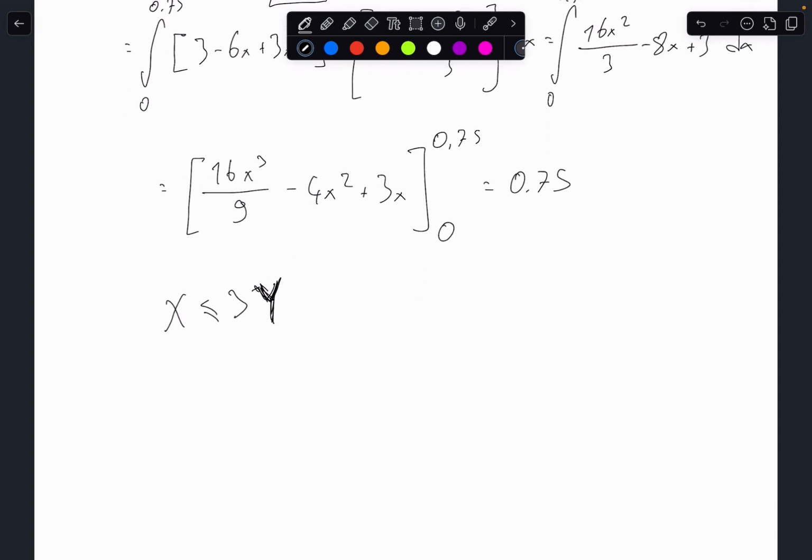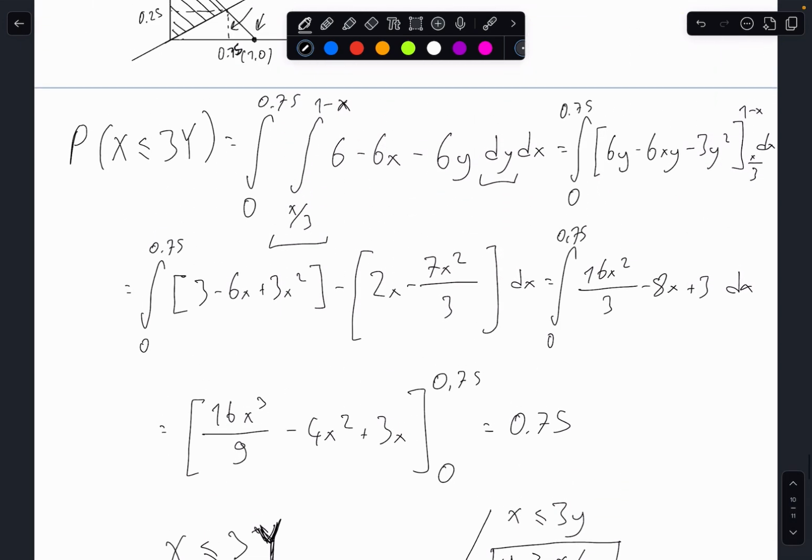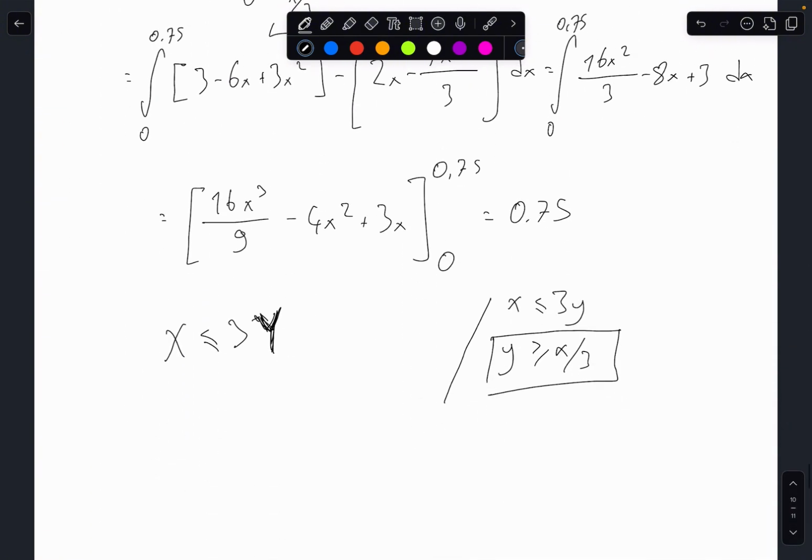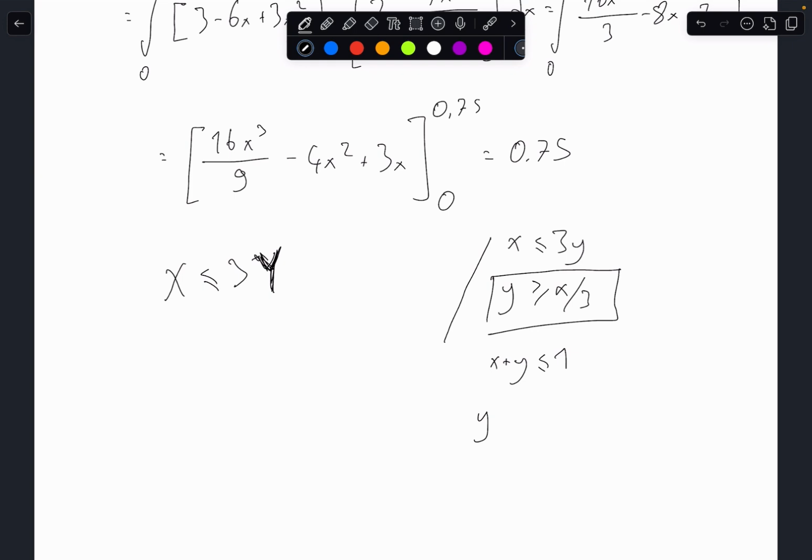You just need to write the following equations, and this becomes y greater equal x divided by 3, and then the triangle condition, let's check this one, becomes y less equal 1 minus x.